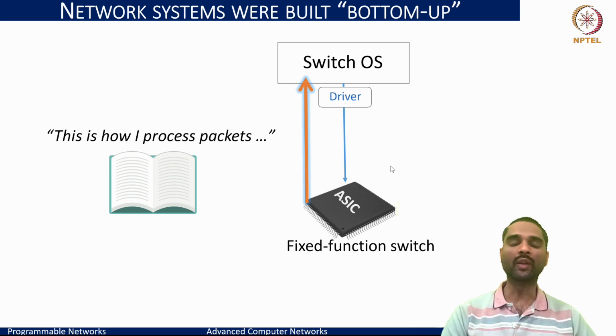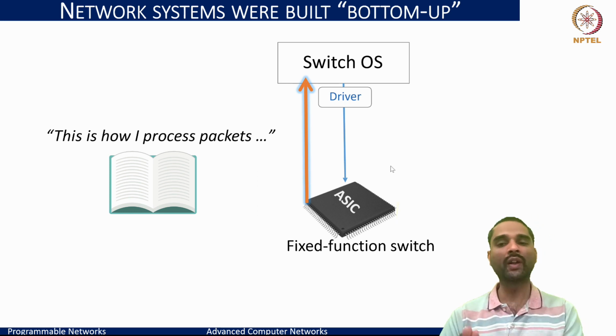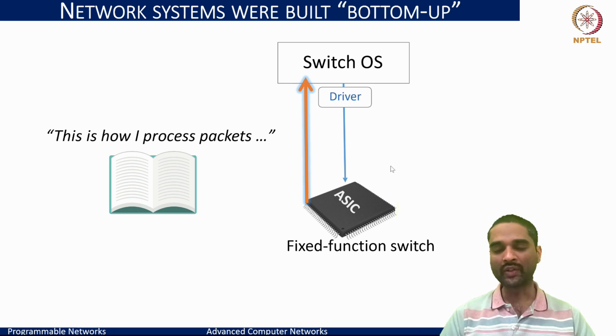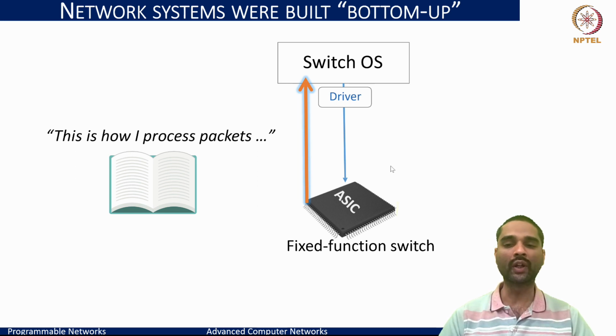The way the APIs would be given out for us to configure would tell what exactly the ASIC would do, in terms of what all are its capabilities that have been baked into the ASIC, and what are all the configurations that we can do for this particular ASIC.